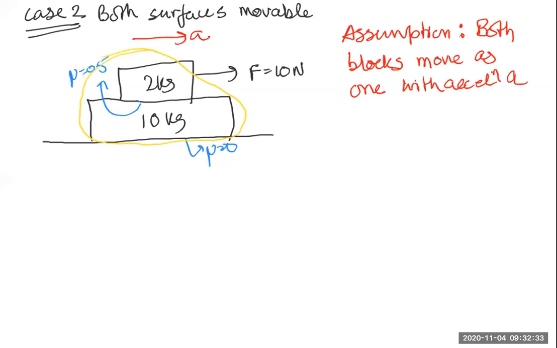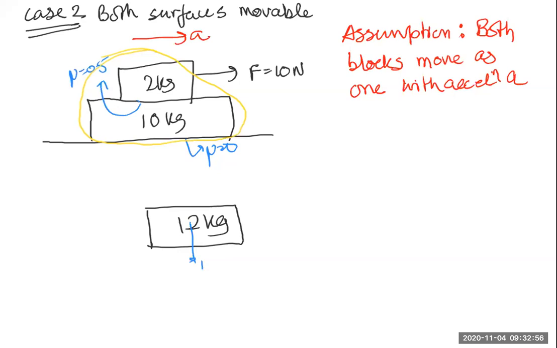Okay. So if both the blocks are moving together, then I have one block of mass 12 kg, right? This is the key step. अगर मैंने पूरे दोनों ब्लॉक्स को एक सिस्टम ले लिया तो मेरे पास फॉर ऑल प्रैक्टिकल पर्पसेस देयर इज ओनली वन ब्लॉक ऑफ मास 12 kilograms.